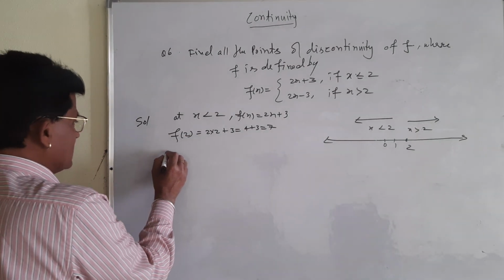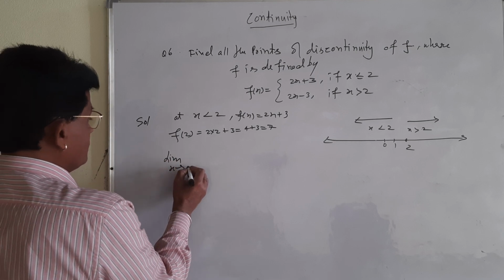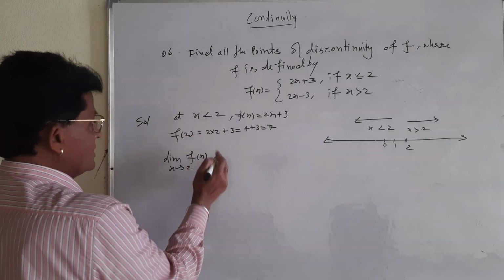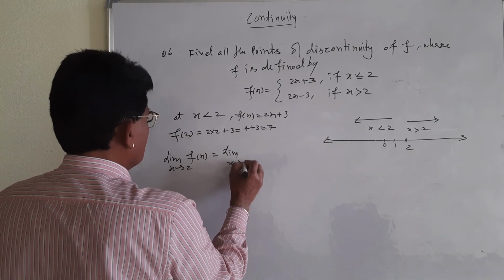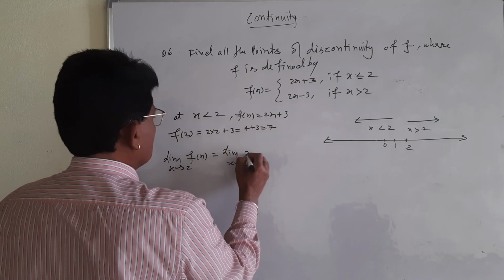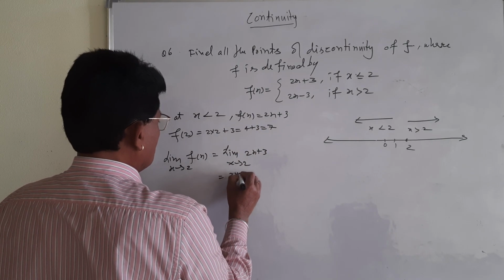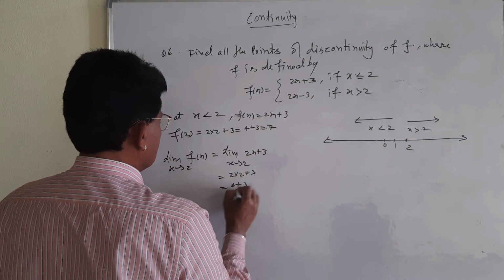Then you will take the next thing, limit x tends to 2 of f(x). I am taking the case less than 2. The function will be equal to what? Limit x tends to 2 and the function is 2x plus 3. Take the limit: 2 into 2 plus 3, that is 4 plus 3, that is 7.